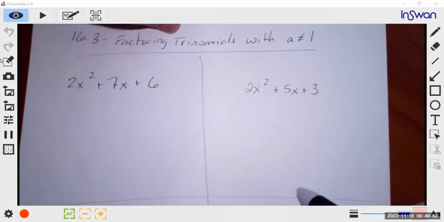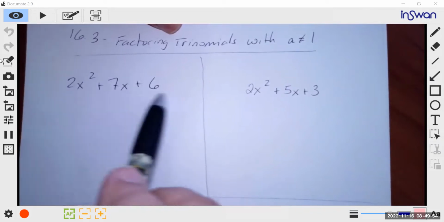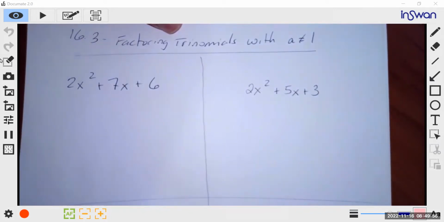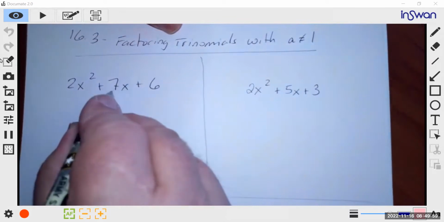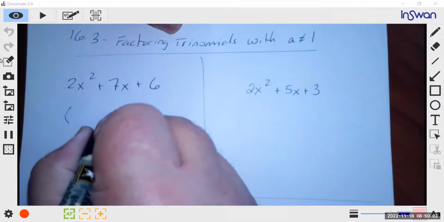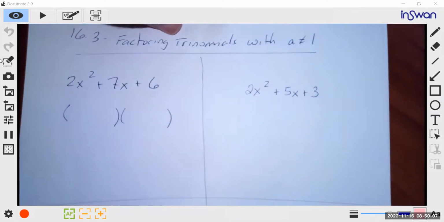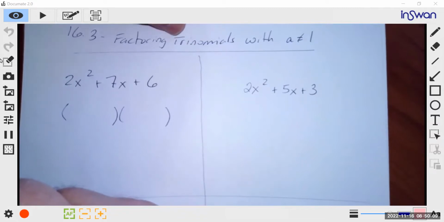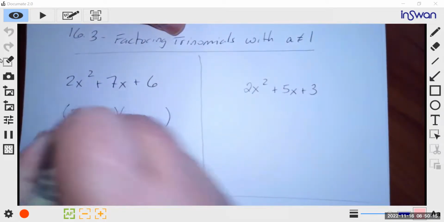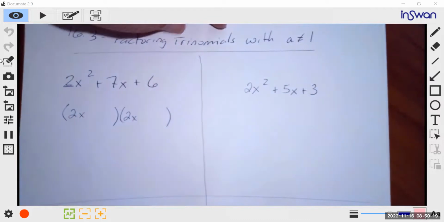Remember, what's the first step? Can anything be factored out of there? Do they have anything in common? No, because 7's an odd number, 2 and 6 are even. So what goes in the first space? 2x, whatever this number is, put them in both of them.